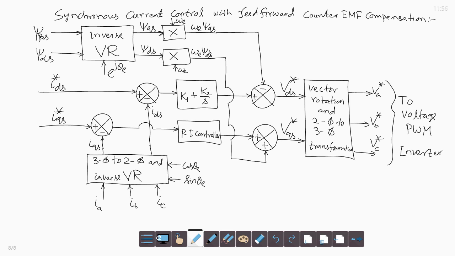Okay. And this also requires the unit vector e to the power j theta e for vector rotation.